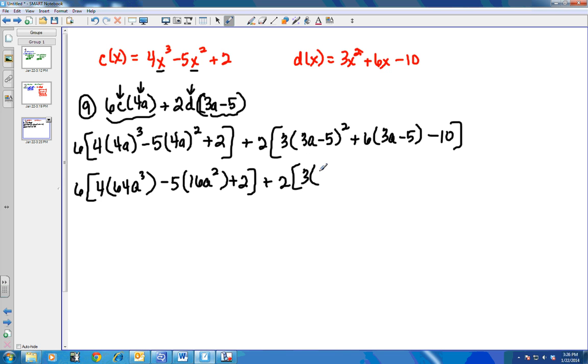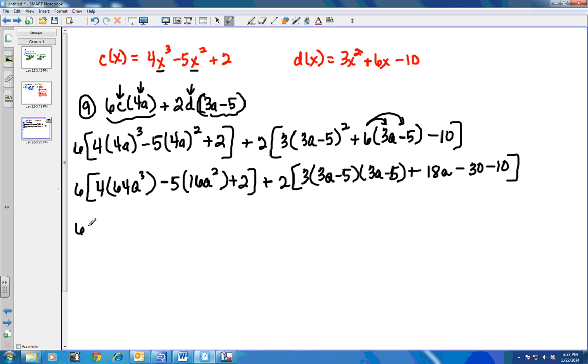Now this right here means I have to square this out. That means 3a minus 5 times 3a minus 5, and I'm going to have to FOIL that. Plus, I'm distributing my 6, which is going to be 18a minus 30 minus 10. So it's really long, but we just do a little bit as we come along in our problem.